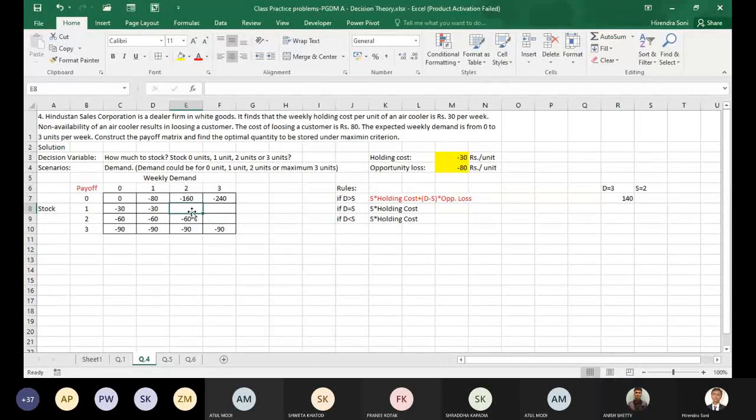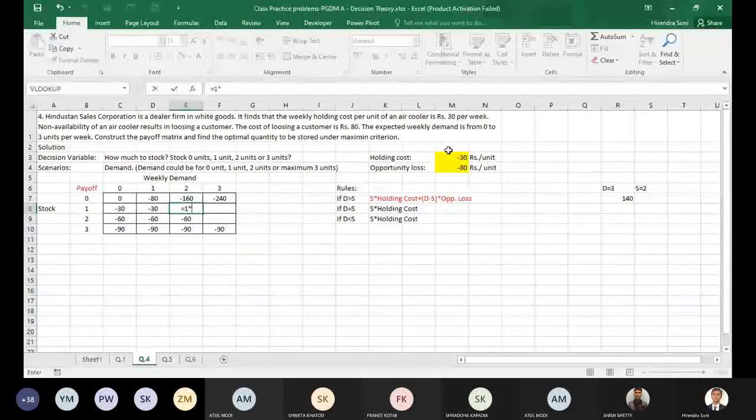Yes, sir. What about this? You have 1 item in stock and 2 customers came. That means you will be able to satisfy only 1 customer. So 1 customer के लिए आप 1 नहीं, दोनों यूनिट के लिए आपका होल्डिंग कॉस्ट तो दोनों के लिए आएगा, करेक्ट?